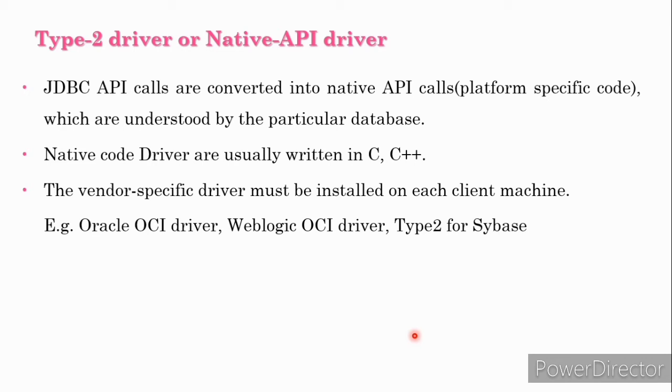The vendor specific driver must be installed on the client machine. For example, the Oracle OCI driver, the WebLogic OCI driver, and type 2 for CBase. These type 2 drivers are suitable to use with server side applications also.